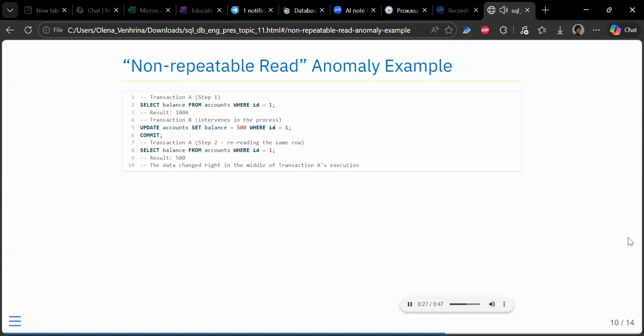But Transaction A is still running. When it makes a repeat query to the same account in Step 2, it unexpectedly gets 500 instead of 1,000. If Transaction A's algorithm relied on the balance of 1,000 being constant until the end of the operation, for example, for calculating interest, then such a change will lead to a logical error.